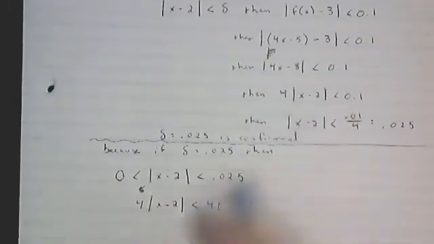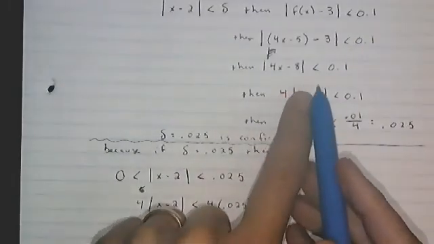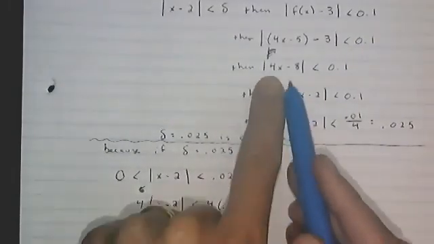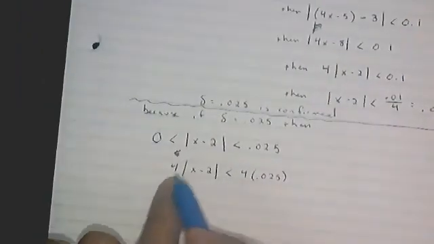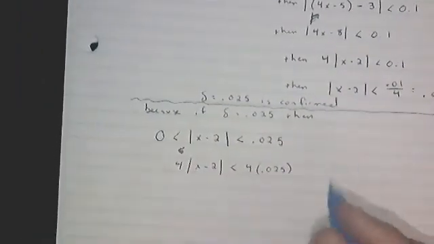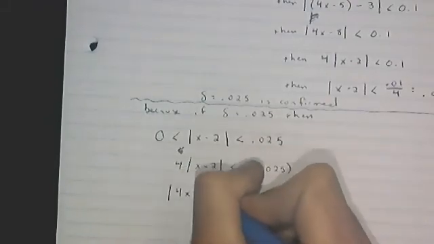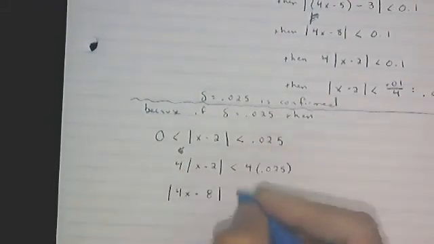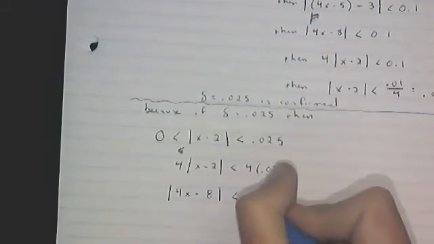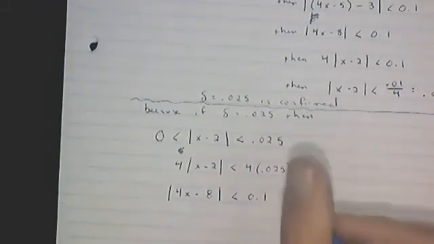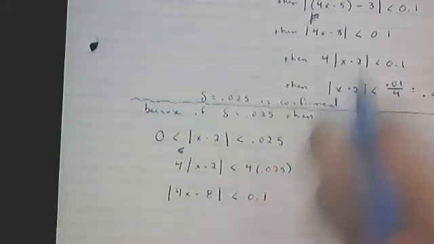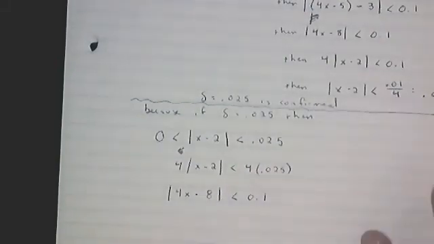In the same way that you guys were fine with us factoring out this 4, it is also legal to go reverse and multiply that in. We get the absolute value of 4x minus 8 is less than 1/10. And this part, we already know where we're going, so this goes pretty smooth.